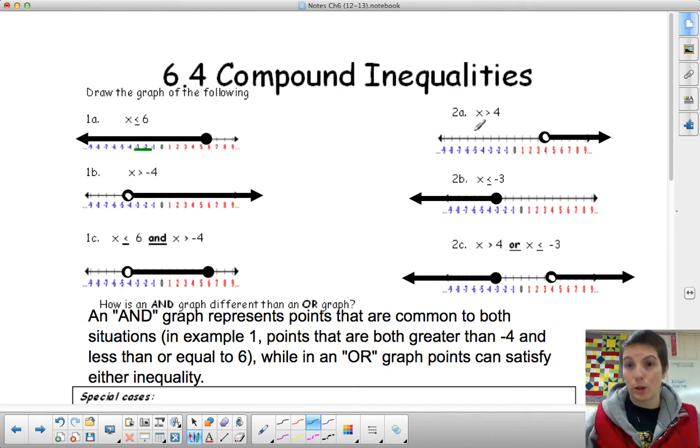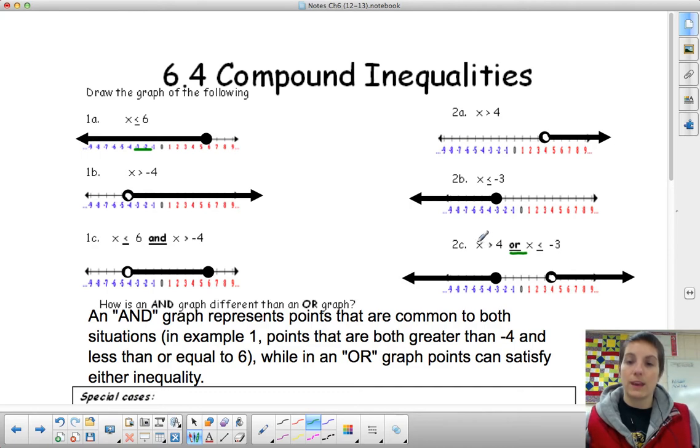What do you do with an OR graph? So we have x is greater than 4, which is all of these points over here. We have x is less than or equal to -3. Notice the filled dot and the left. And when we get to part C, they've asked us about OR.